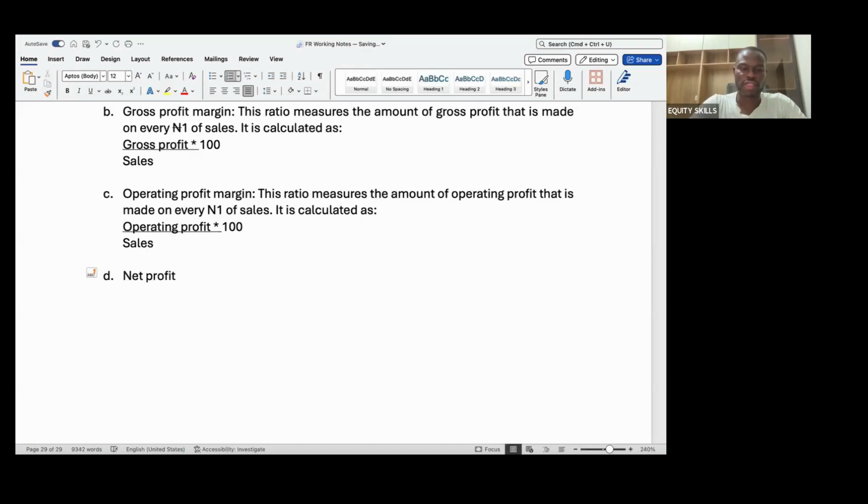Then the net profit margin, similar to the above.